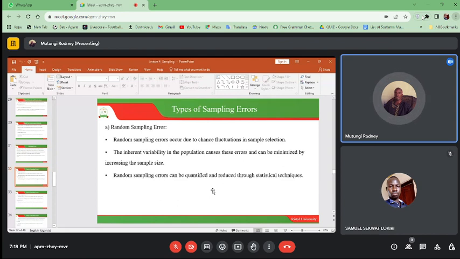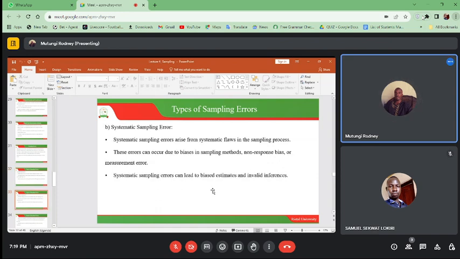If you're going to put these chits in that bucket and you're shuffling, there might be some key populations that you are leaving out, and that will be a cause for that random sampling error. And like we are saying here, those inherent variations in the population cause this error. You have those variations in the population, but if you use random sampling, sometimes these variations might not come out clearly, and yet you need them.